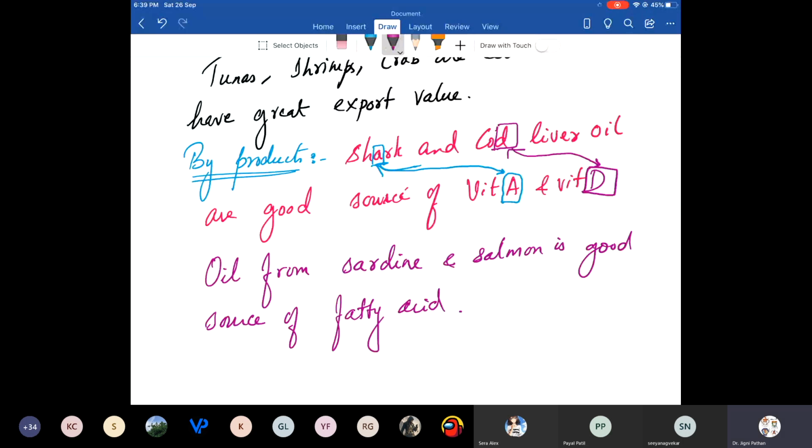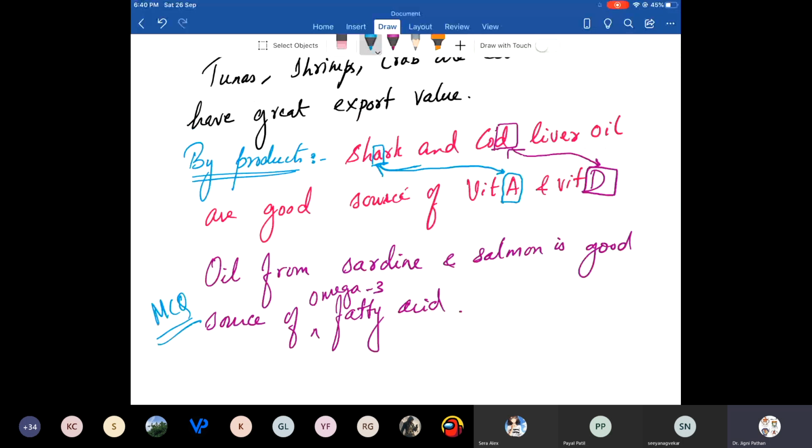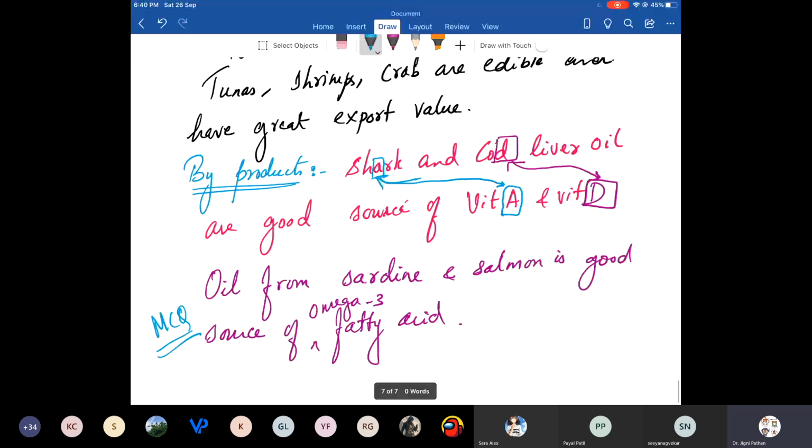This is again a very important question. Omega 3 fatty acid. Again, a very important MCQ. You all prefer the oils with the omega 3 fatty acid, right? Yes or no?